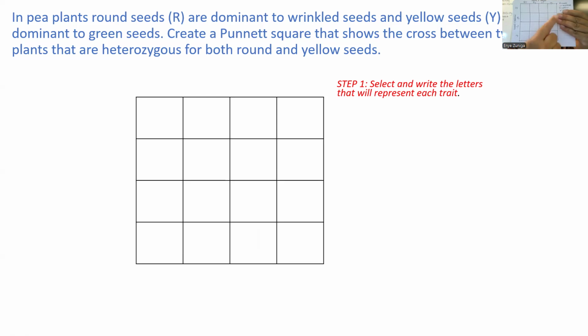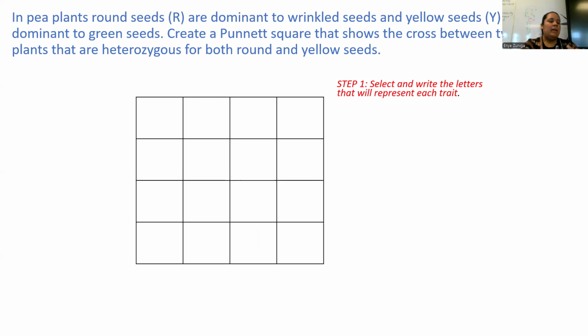And once I have my outside box, I separate that into 4 columns. So here's column 1, 2, 3, 4. And then I separate that box into 4 rows. So you're going to end up with a 16 grid box.